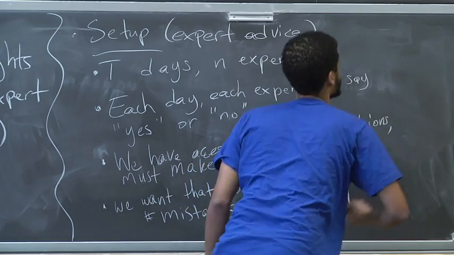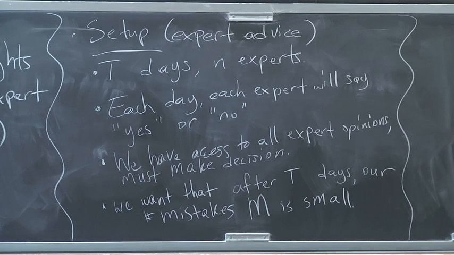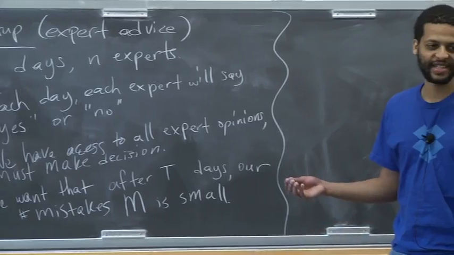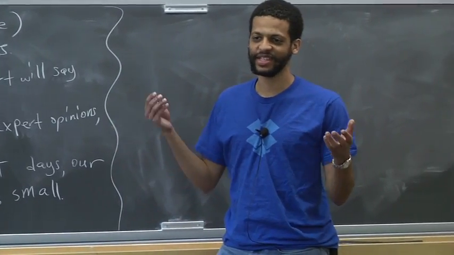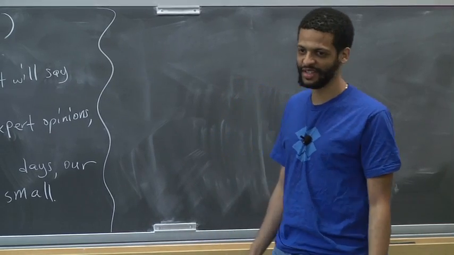Of course, we want some provable guarantee on how small the number of mistakes is. But if you don't define your measure of success appropriately, this is a hopeless problem, right? Because it might just be the case that none of the experts know anything. They're just saying random junk. And then you say something, and reality can hit you and say, actually, it's the opposite of what you said. No one knows the future, so what are you going to do here?